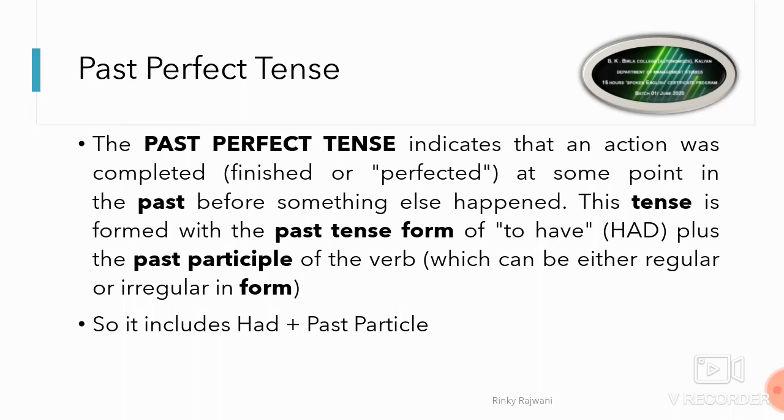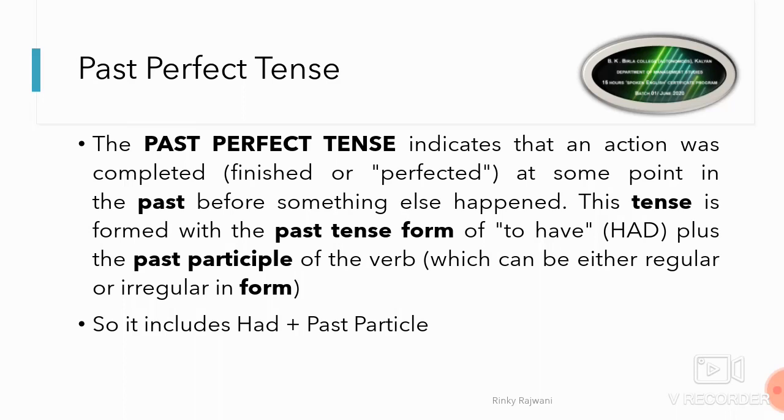So this tense is formed with the past tense form of to have, that is had, plus past participle. It includes only two things, that is had plus past participle, because it is already finished. Hence it is called as perfected, or you can say completed tense.